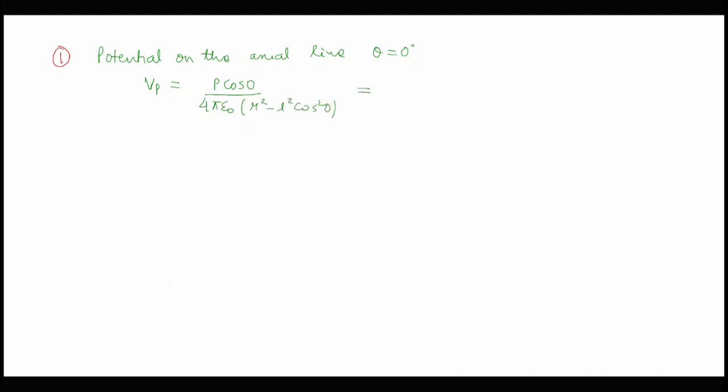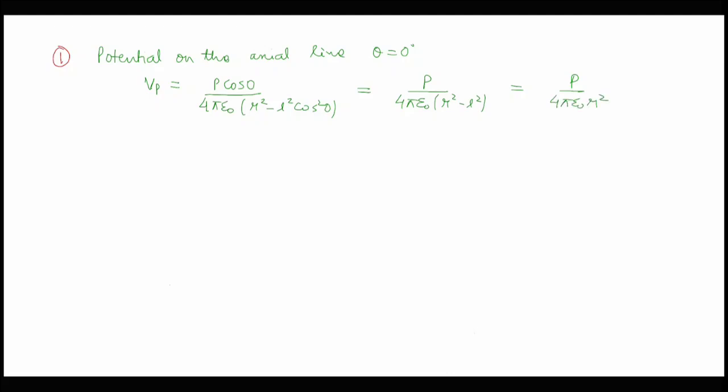So the expression is going to be p upon 4 pi epsilon naught (r square minus l square), and if I ignore l square, then we can write it as p upon 4 pi epsilon naught r square.